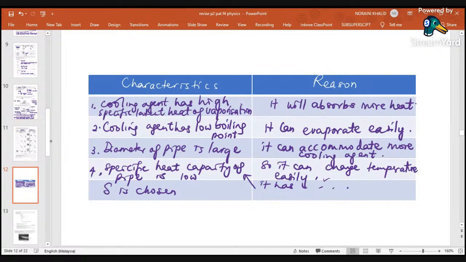Okay, so just copy this one. For this one you will get 10 marks. For the characteristic you cannot repeat. Just explain what is given. The reason can be repeated. So 1, 2, 3, 4, 5, 6, 7, 8, 9, 10. So 10 marks.